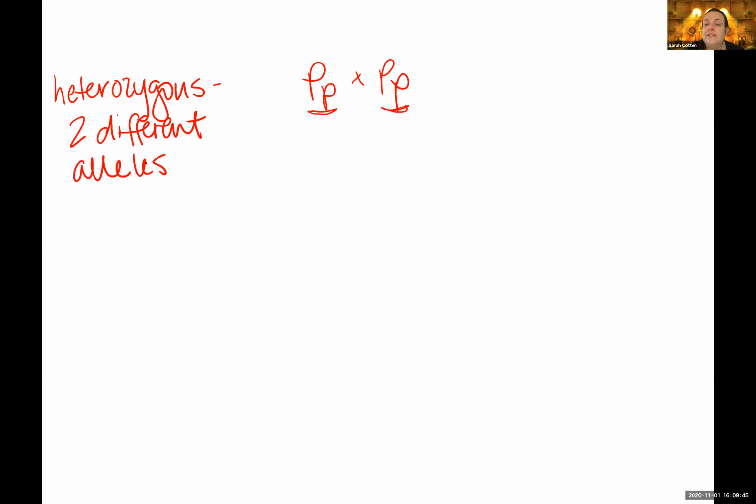So let's say your instructions are you have two individuals that are heterozygous for this trait, and you want to know what are all the possible outcomes that you could see in their offspring.